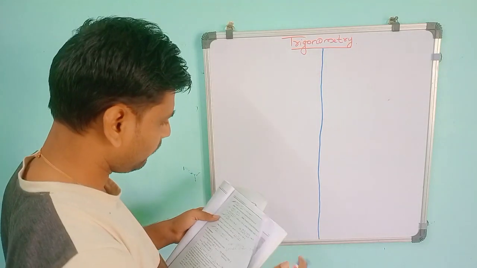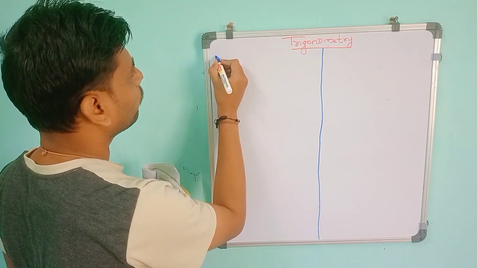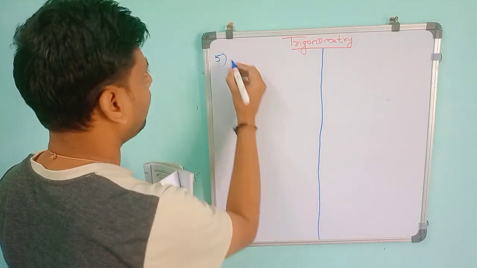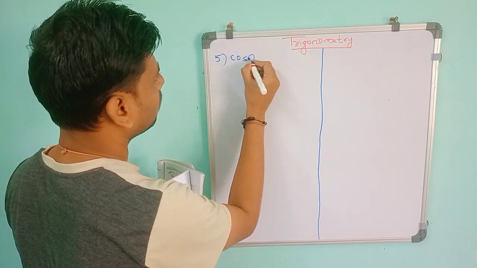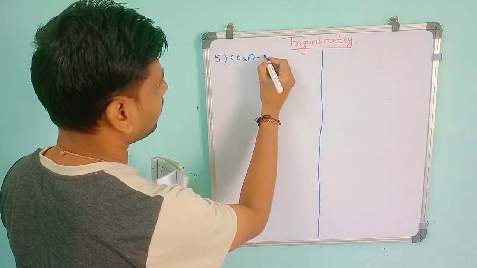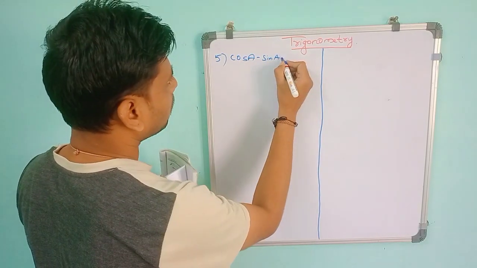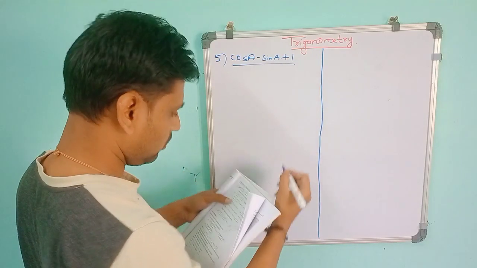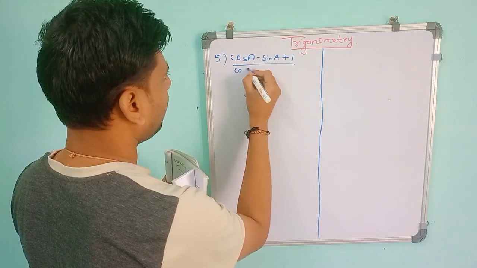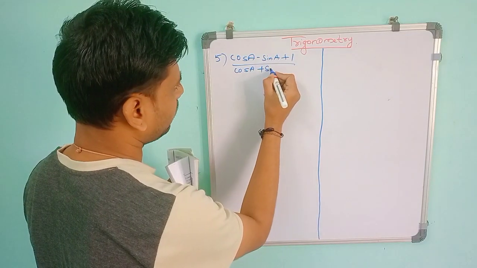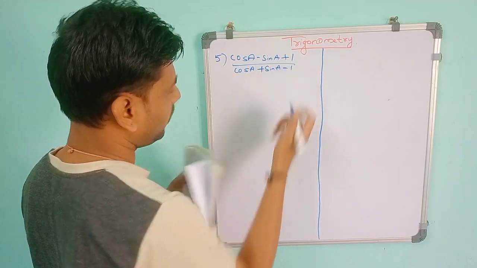That fifth problem. Fifth one: (cos A minus sin A plus 1) divided by (cos A plus sin A minus 1).